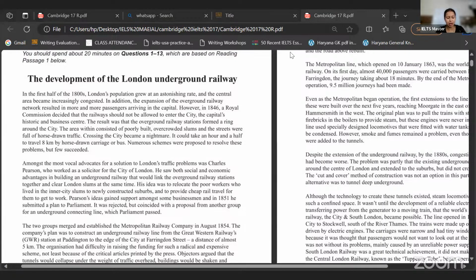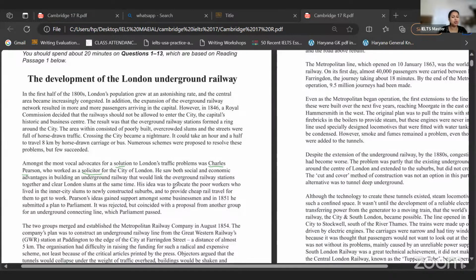They are saying amongst the most vocal advocates for a solution to London traffic's problem was Charles Pearson, who worked as a solicitor. I got the keyword solution here. For the city of London, he saw both social and economic advantages in building an underground railway that would link the overground railway stations together and clear London slums at the same time.